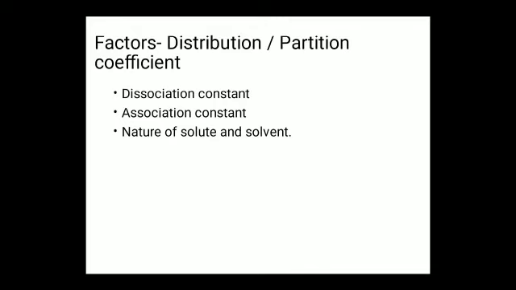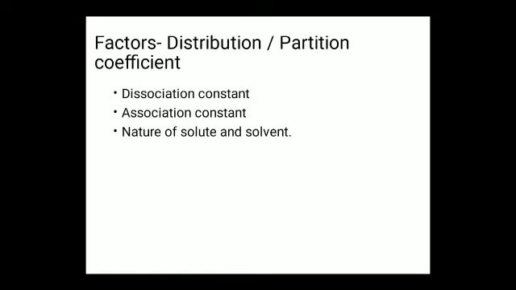These include the dissociation constant of the drug, the association constant of the drug, the nature of the solute and solvents, and also the temperature. The partition coefficient varies with temperature. It can be determined at room temperature.